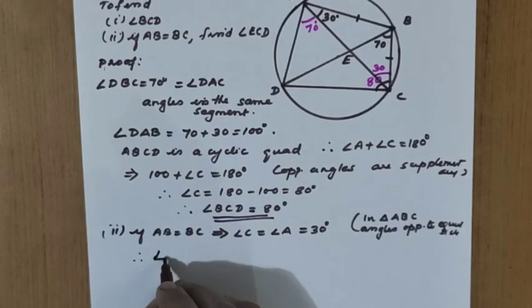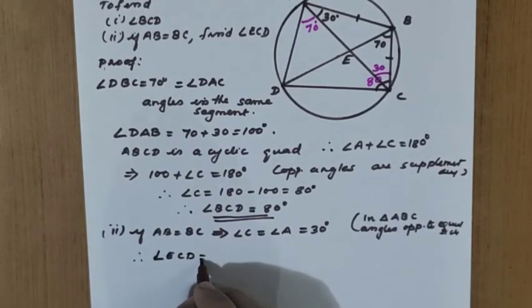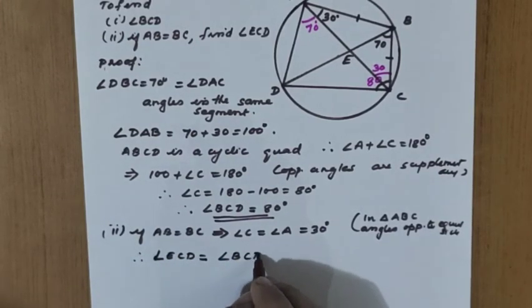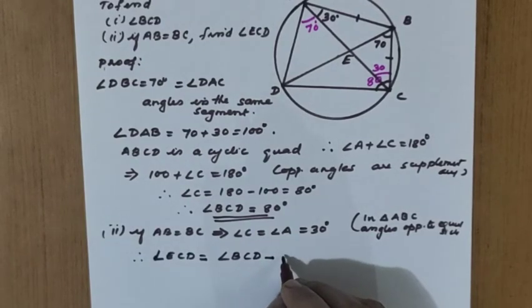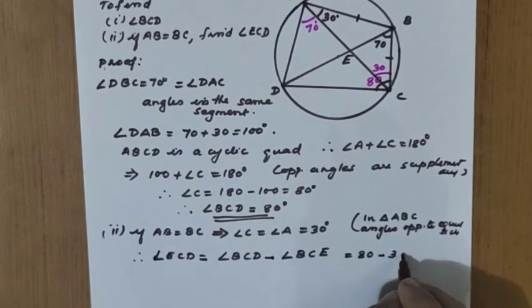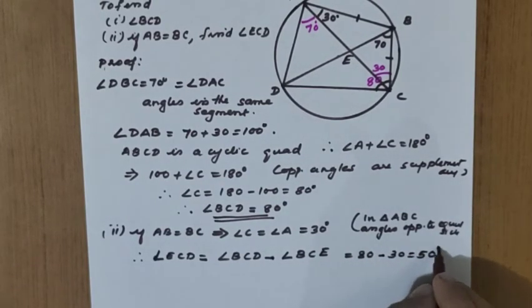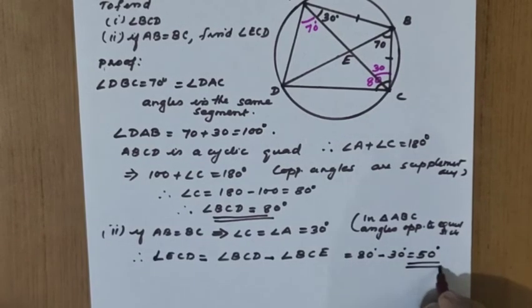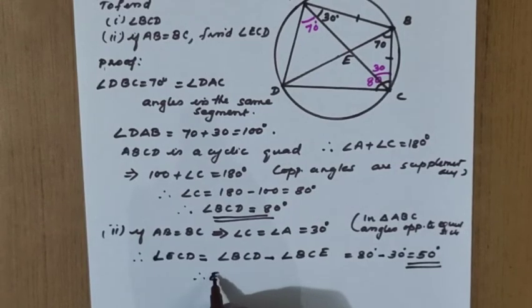We want angle ECD, equal to angle BCD minus angle BCE. 80 minus 30 is equal to 50 degrees. So we got the answer, angle ECD equal to 50.